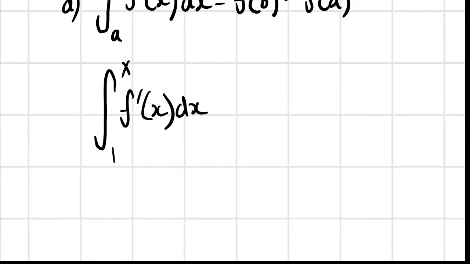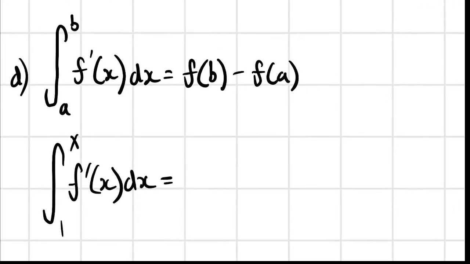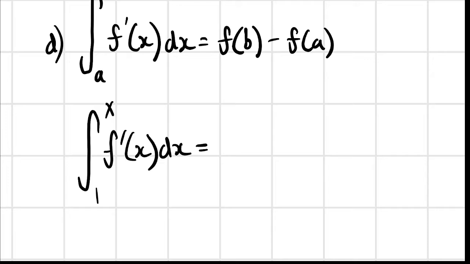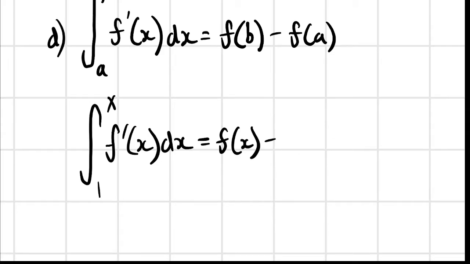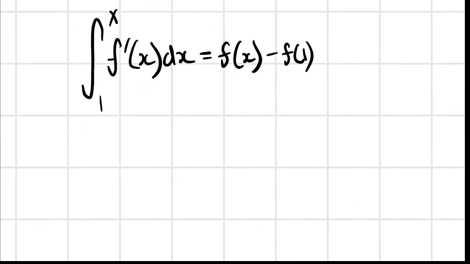Actually, erase this for now, and just using this theorem of calculus, we will say that this is equal to f of x minus f of 1. Sorry for being a little slow.